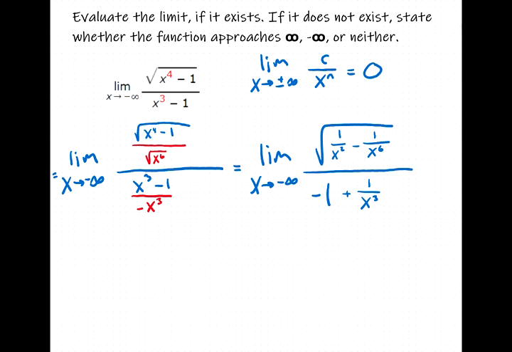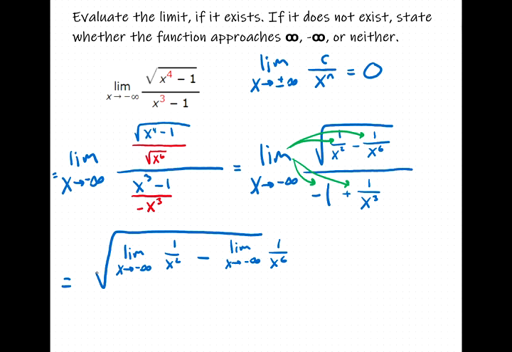And now what we're going to do is apply this limit to each of these 4 terms. So formally, applying the properties of limits, we have the limit as x approaches negative infinity of 1 over x squared minus the limit as x approaches negative infinity of 1 over x to the sixth, and that's all under the square root.